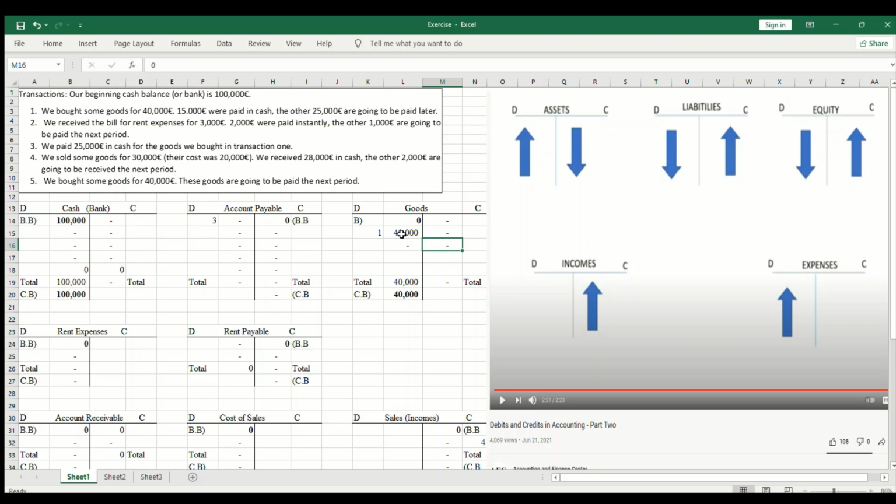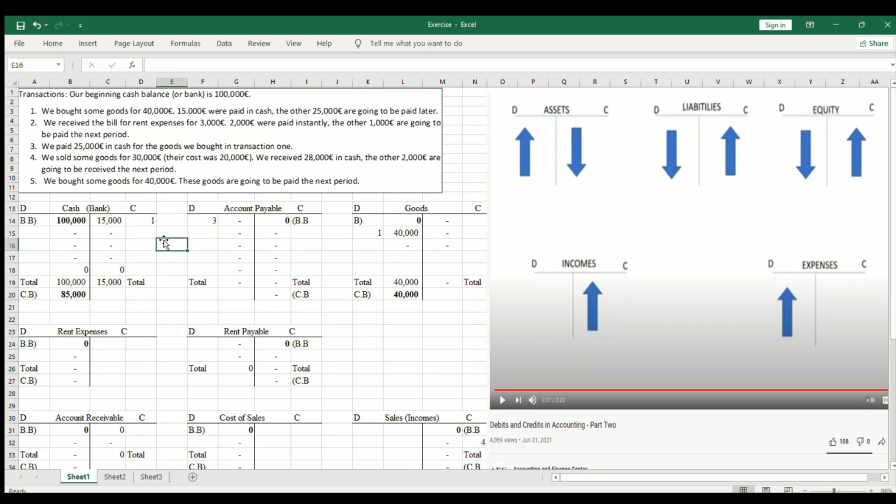So we debit goods. We debit the account of goods. The transaction also says that only 15,000 euros were paid in cash. So in transaction 1, we decrease cash, we credit cash, for 15,000 euros.